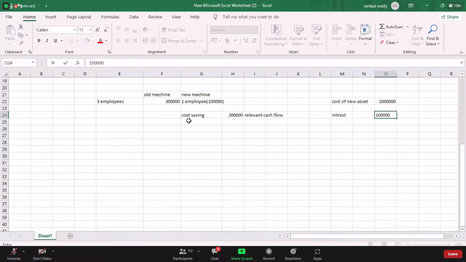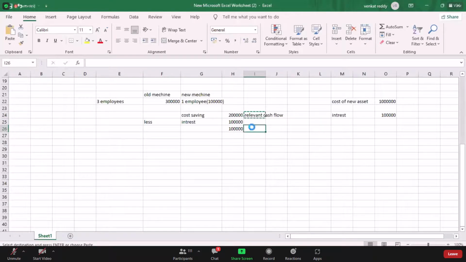Now in this case, cost saving 2 lakhs less interest 1 lakh. Then my relevant cash flow would be 1 lakh. Is that clear? Anyway, we do have certain illustrations. I will be explaining that. But for this particular point, you just need to understand the meaning of relevant cash. I hope it is clear.